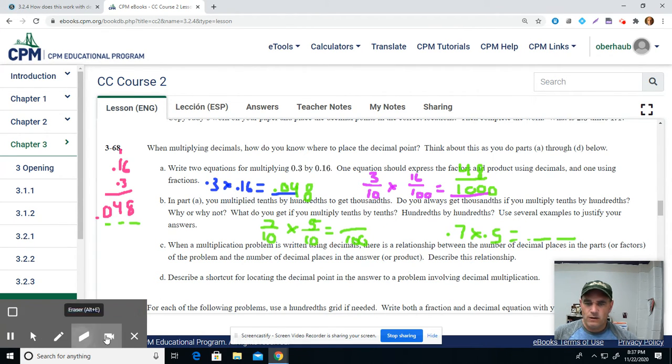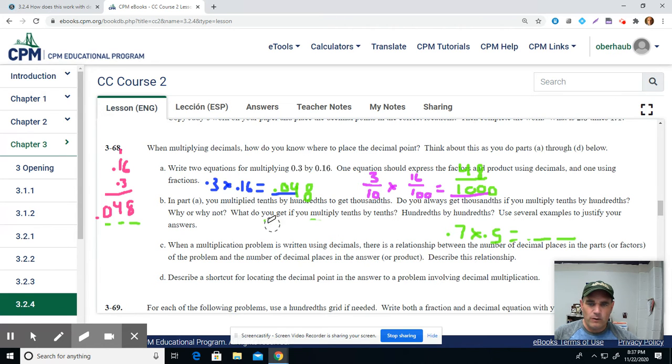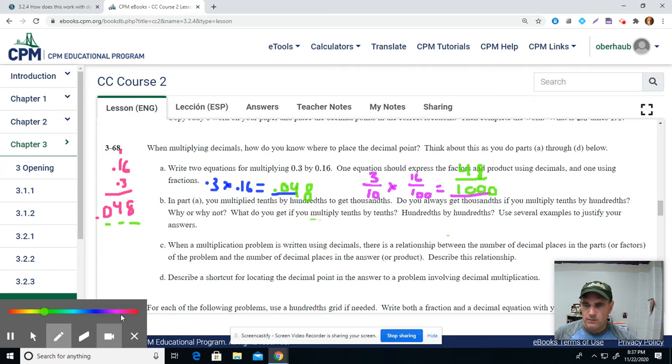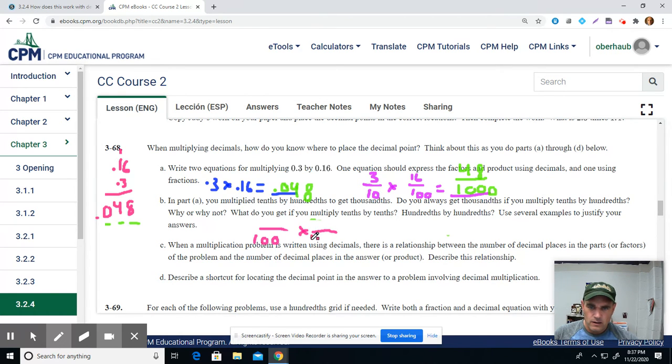All right, next thing they want to know is, what would we get if we were to multiply hundredths by hundredths? Well, no matter what the fraction was, no matter what's on top, we're going to multiply hundredths times hundredths. And the numbers on top don't matter. But when I multiply this out, I would have a 1 followed by 4 zeros: 1, 2, 3, 4.